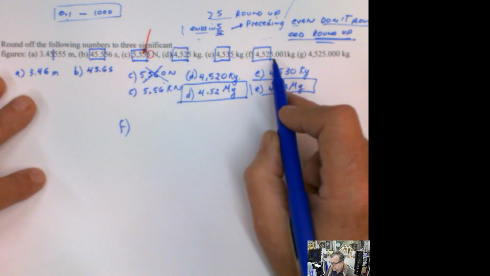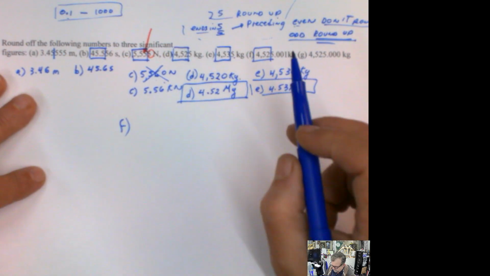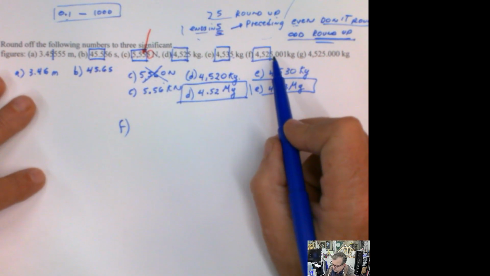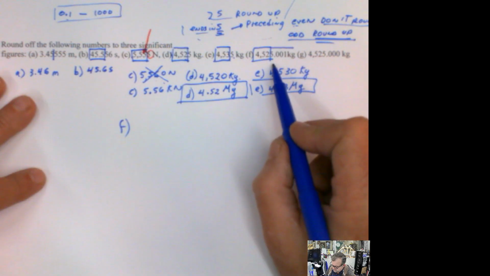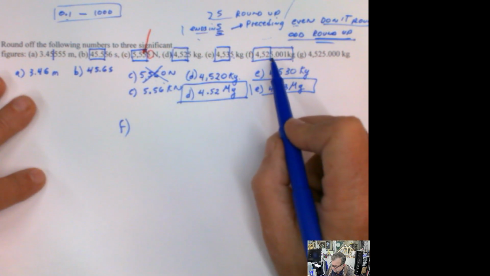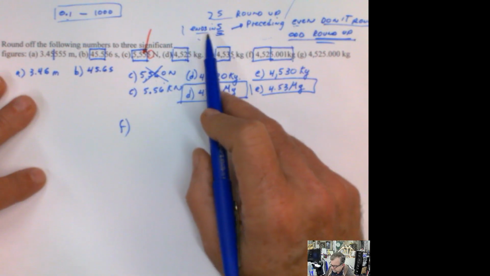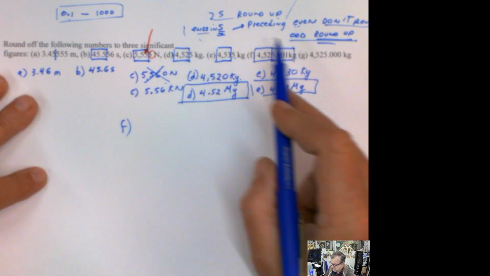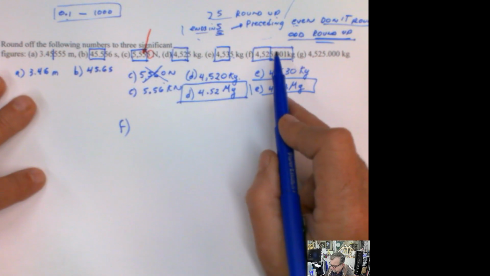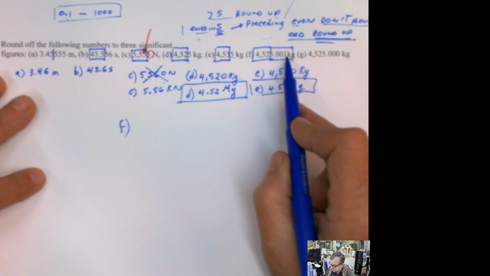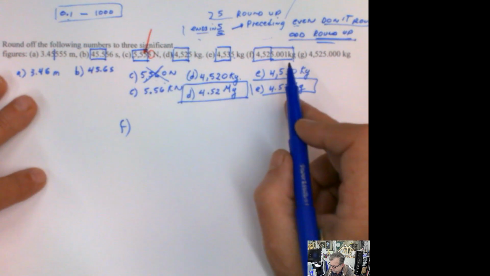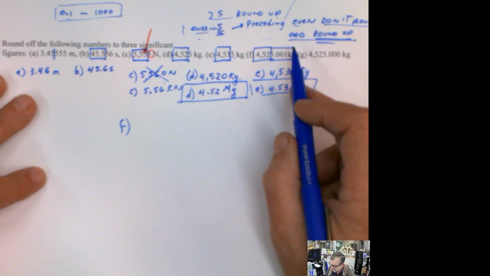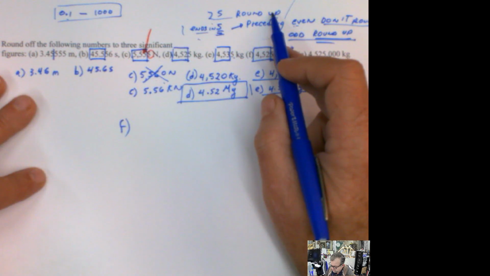Is that bigger than 5 or smaller than 5? Well, you don't only look at this number, you look at everything that follows after that. And the rule, remember, is if it ends in 5. This is not ending in 5. This is ending in 5.001, which in theory and practically is bigger than 5. And if it's bigger than 5, you have to round up.